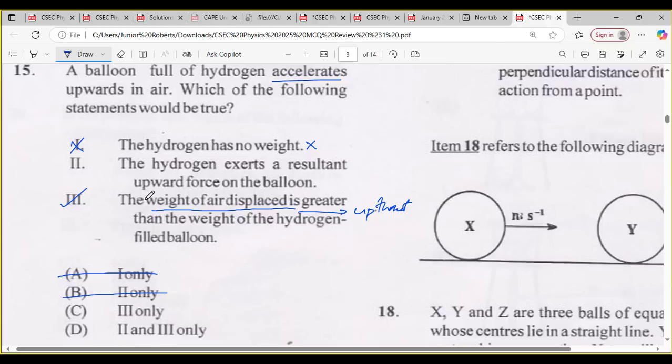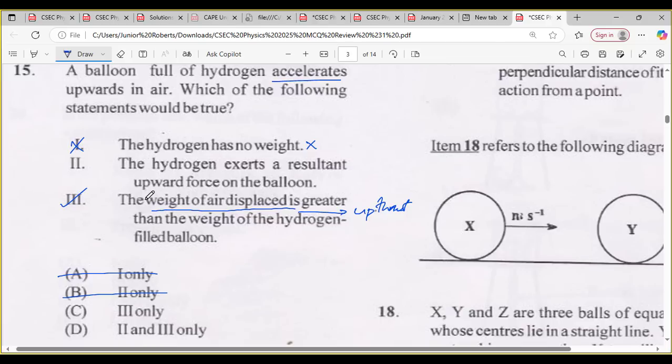So number 2 now says that the hydrogen exerts a resultant upward force on the balloon. Right? What do we say about this statement? Anybody wants to weigh in on what they think about this statement right here? Well, sir, I think it's true. It's true.